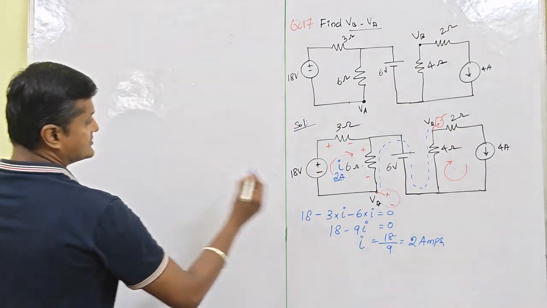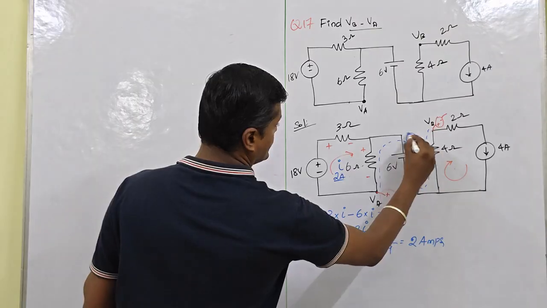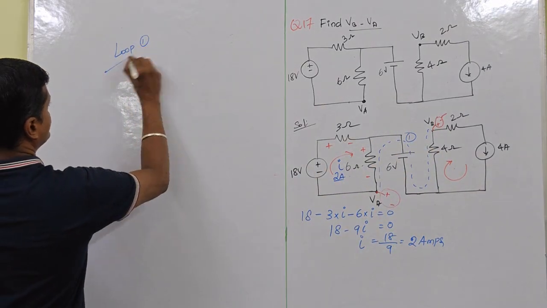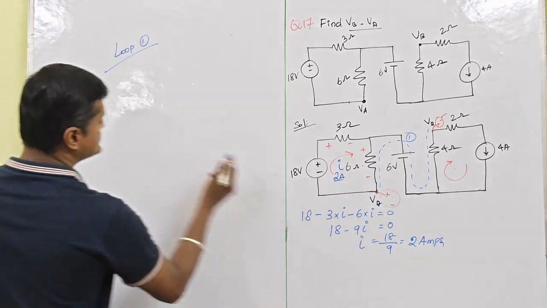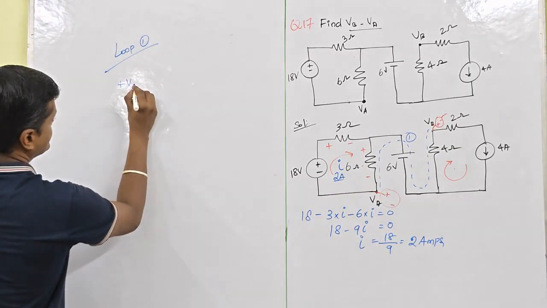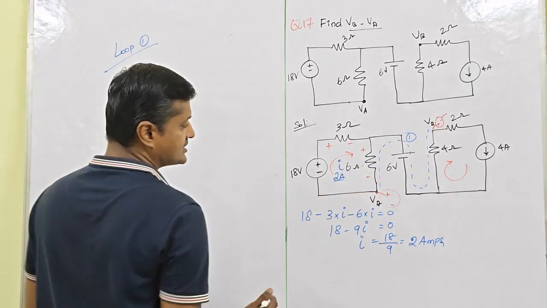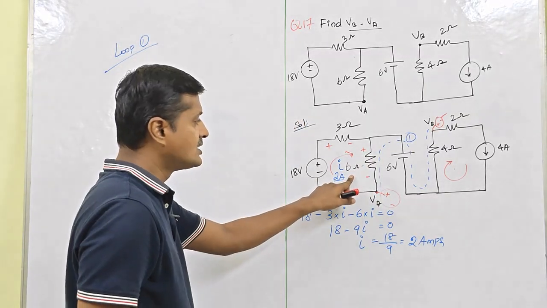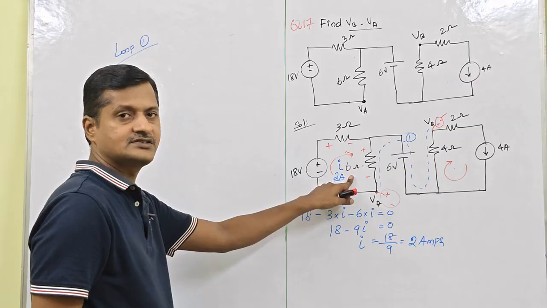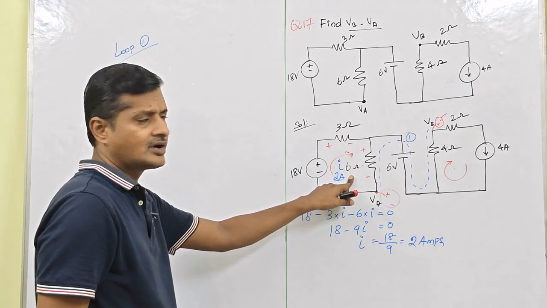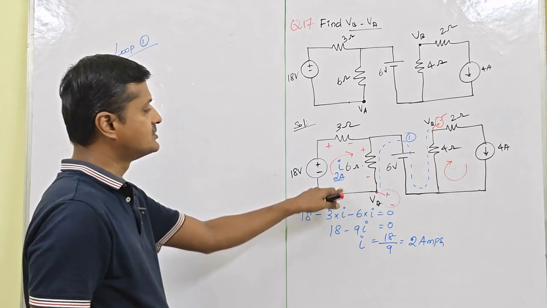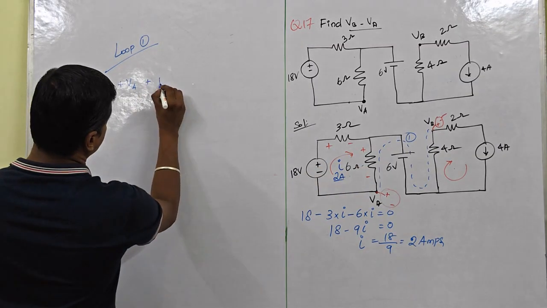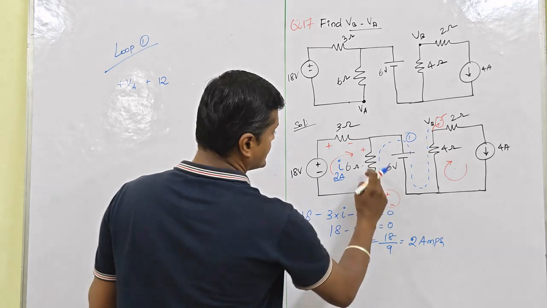Right. We are taking this loop. Here that is plus VA. The current is 2, resistance 6, so voltage I into R, 6 into 2, that will be 12. So plus 12, because of the current direction.